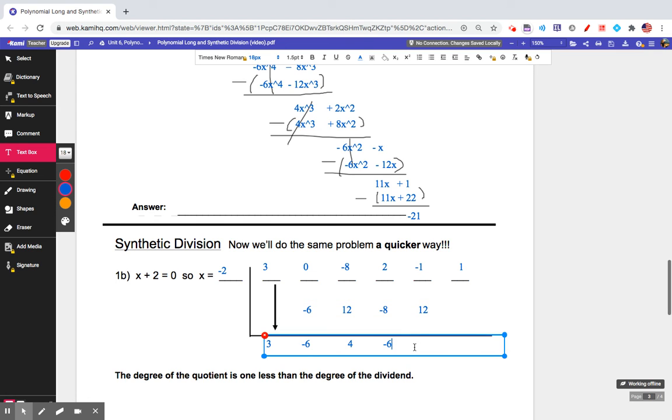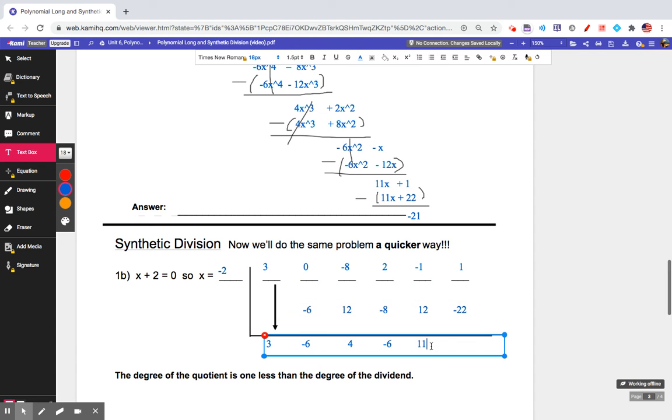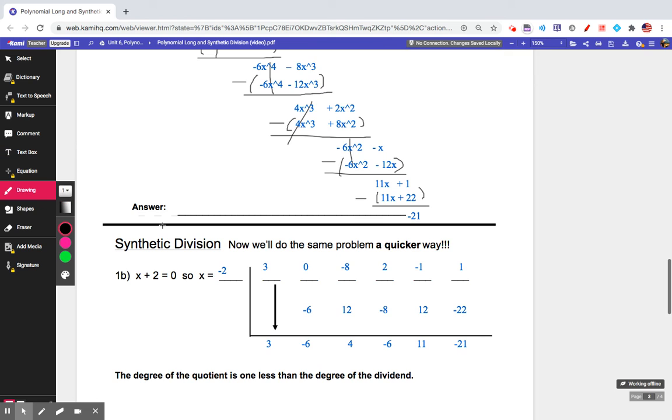Negative 1 plus 12 being 11. 11 times negative 2 is negative 22. And then when I add my 1 plus negative 22, there is that remainder that we had before. I'll use my drawing tool and I'll just show that this is my remainder.